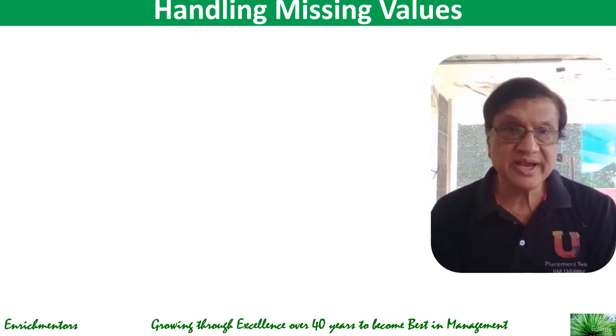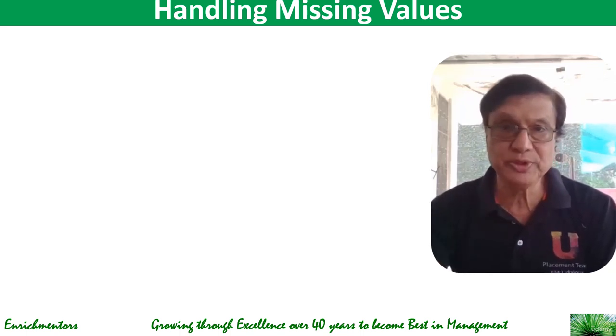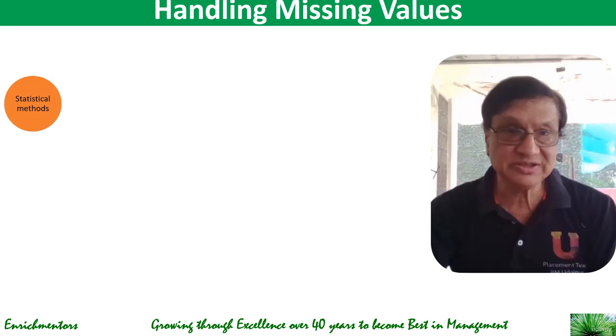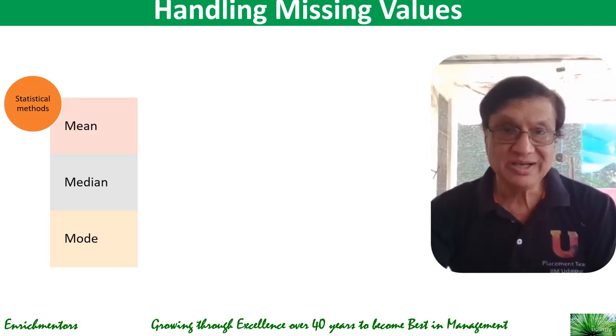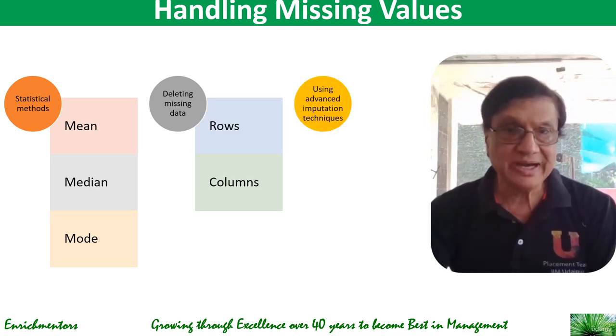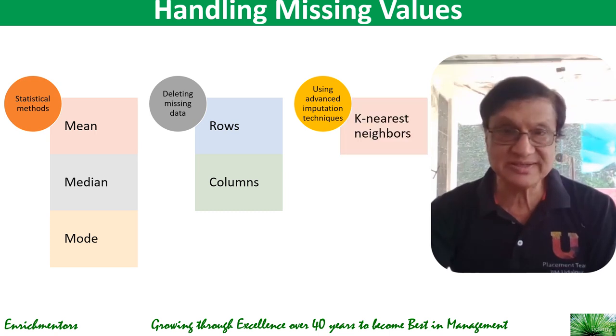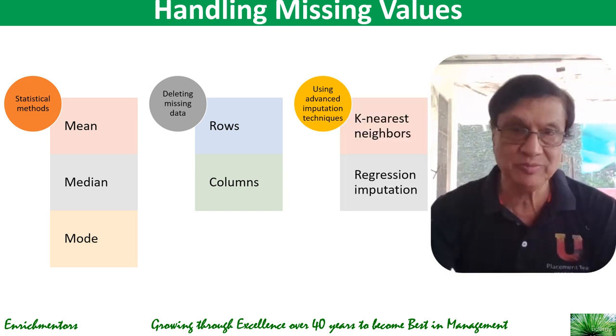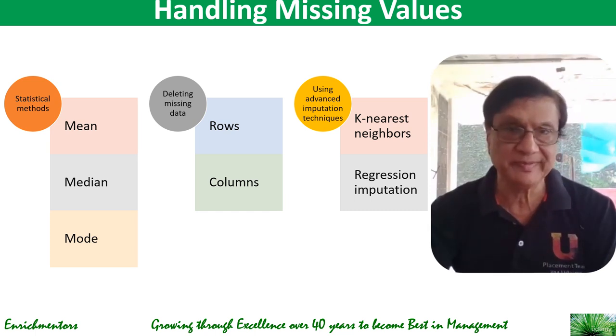Now you can handle the missing values by imputing or calculating the missing values using statistical methods like mean, median and mode, deleting rows and columns with missing data, or using advanced imputation techniques like k-nearest neighbor or regression imputation, and there may be many more that will keep evolving over a period of time.